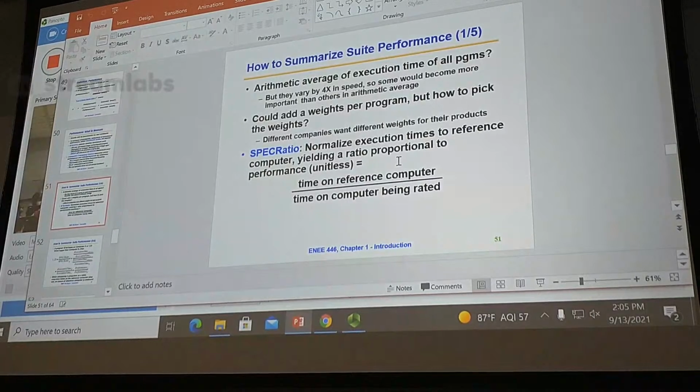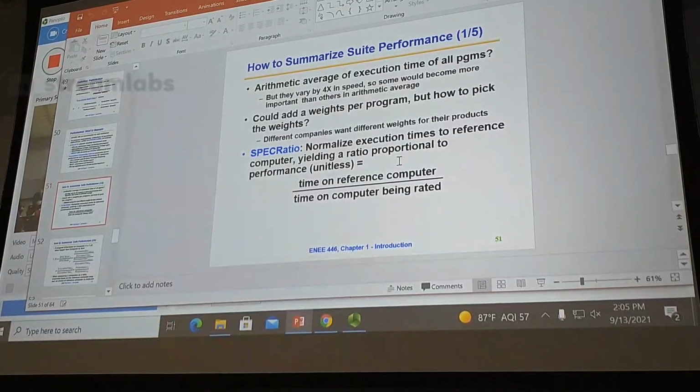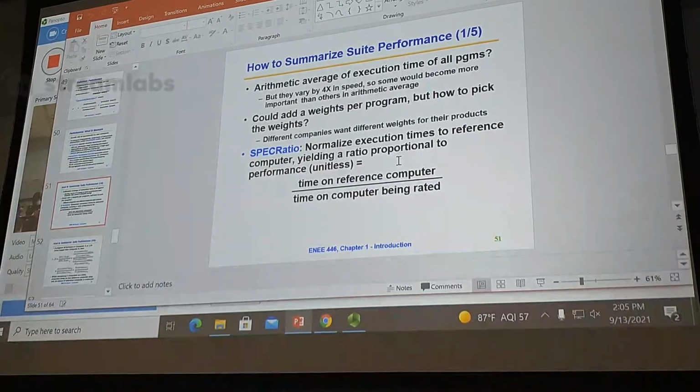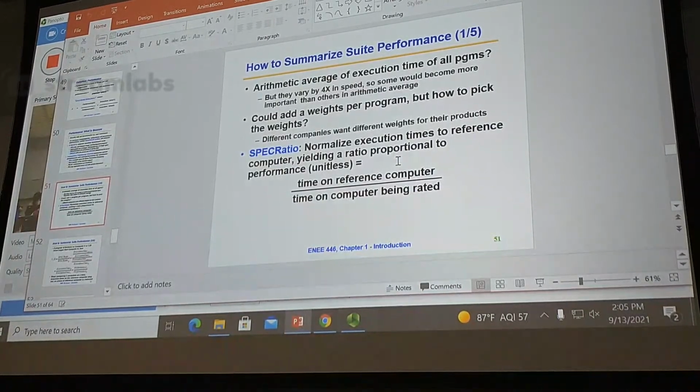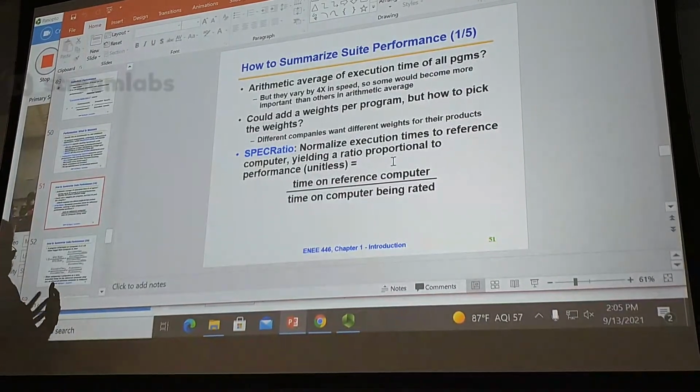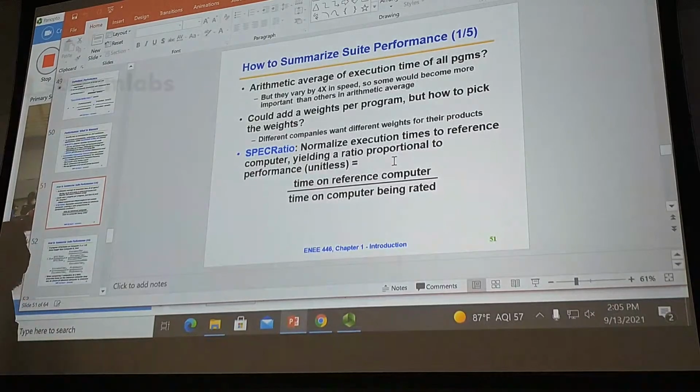There are other benchmark programs, etc. But once you take a benchmark set of programs, you have multiple programs, so how do you summarize everything to a single number?